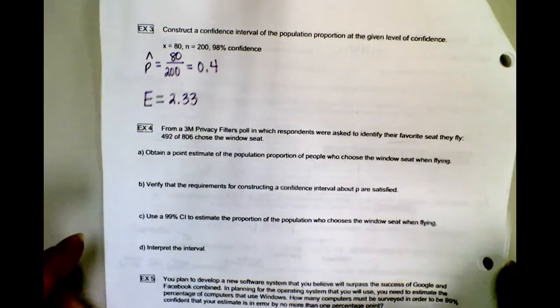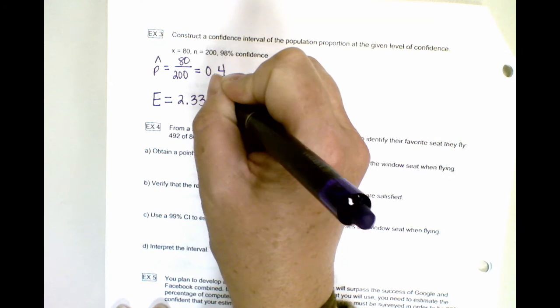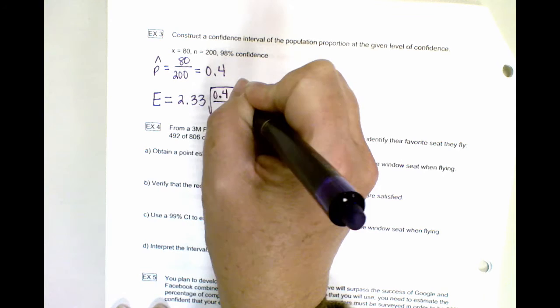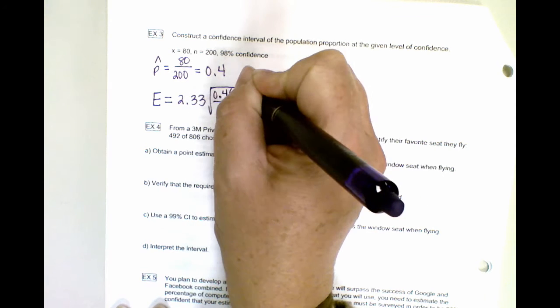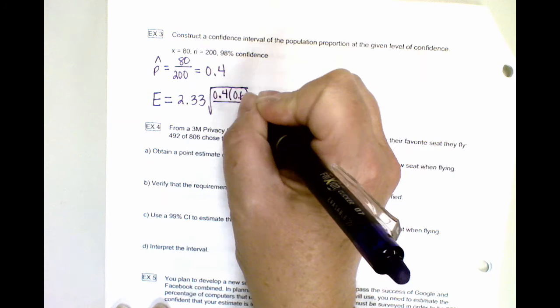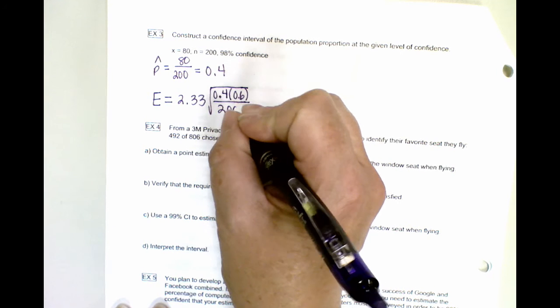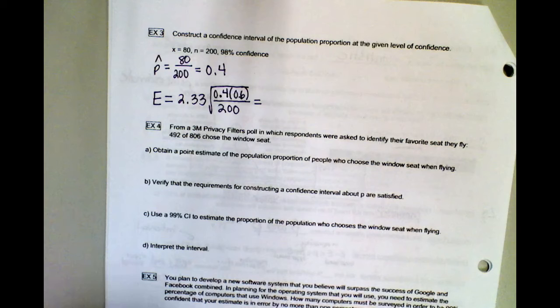So square root of p hat times q hat, what would q hat be? 0.6, good. And then divided by n, which is 200. So, I can type that all into my calculator.